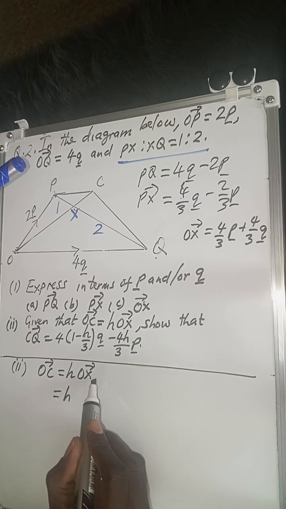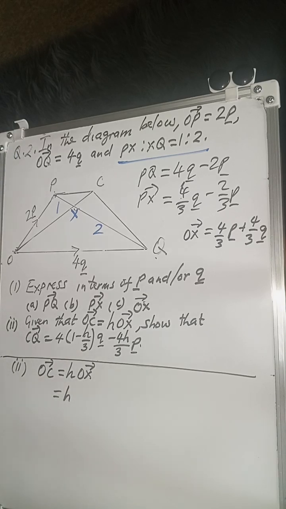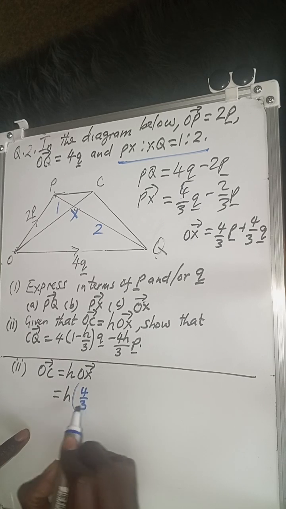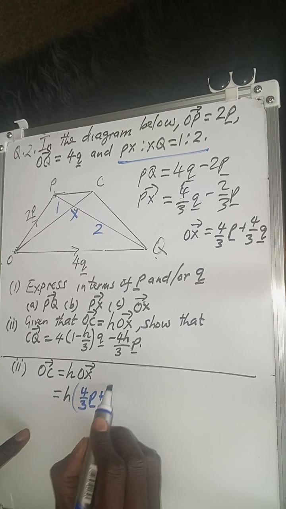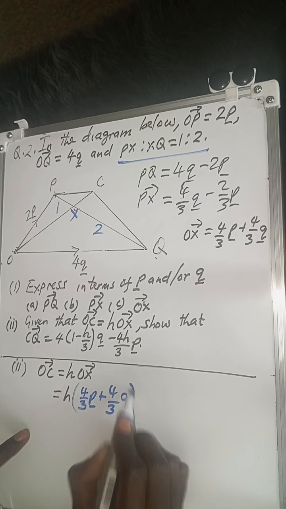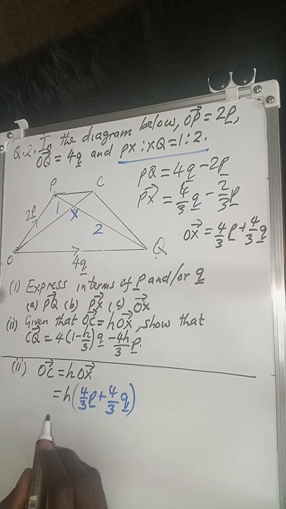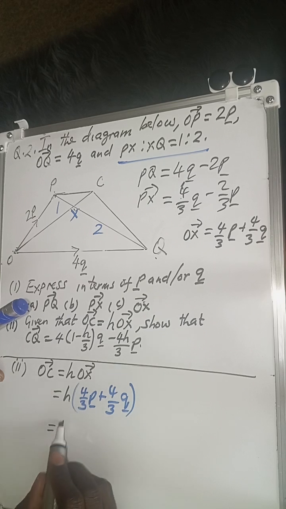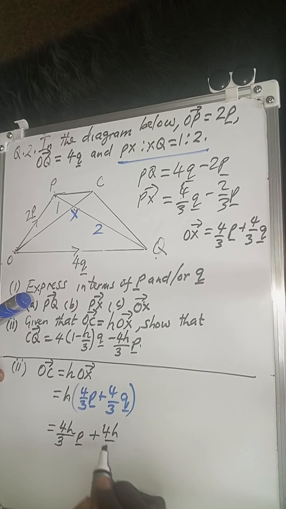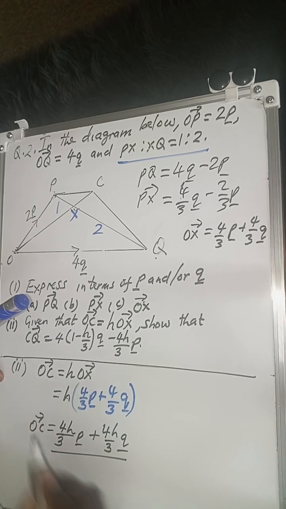So it is H. What is OX? Remember, OX is what we got there. So it is 4 over 3 vector P plus 4 over 3 vector Q. That's what we made. So expand that one. So it will be H times that. It will be 4H over 3 vector P plus this times that will give you 4H over 3 vector Q. So that is OC.